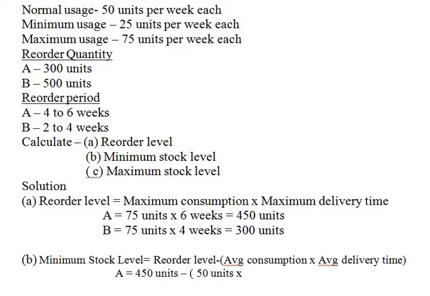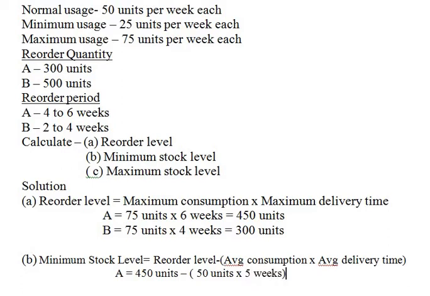Now check whether average delivery period for A is given. What they have given here is reorder period, minimum 4 and maximum 6. We have to find out average delivery time. So how can we find it? 4 plus 6 is how much? 10. 10 divided by 2 is 5. So 5 weeks.